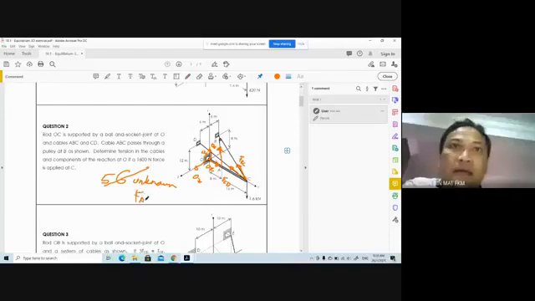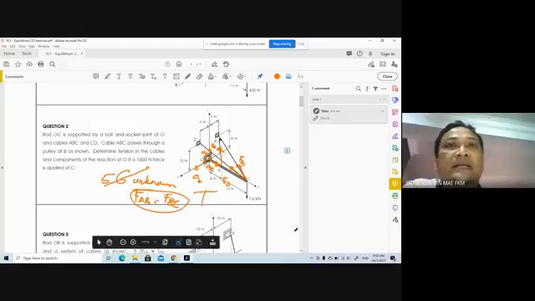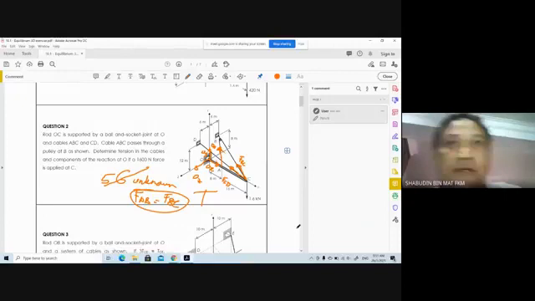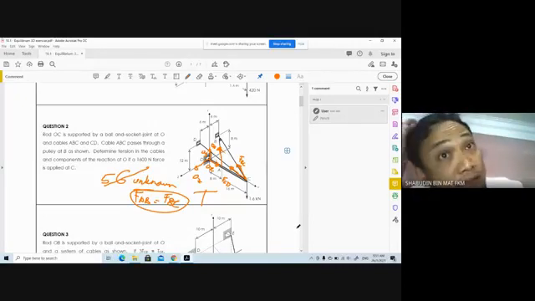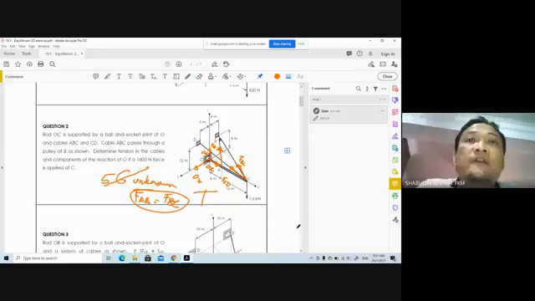Yes, force AB equal to FBC. Simple enough. If this is confusing you, you put this as a T first. Then settle. This is 5 unknown because it's connected to the pulley.